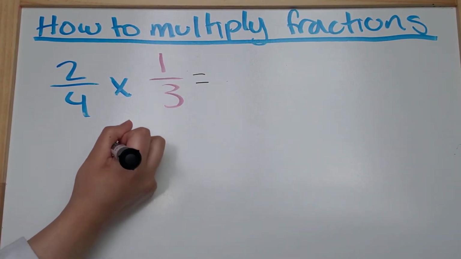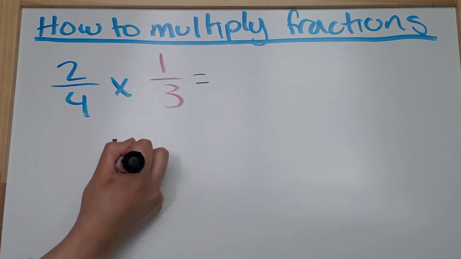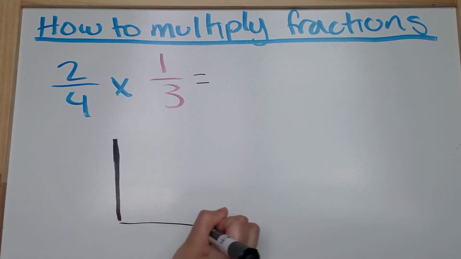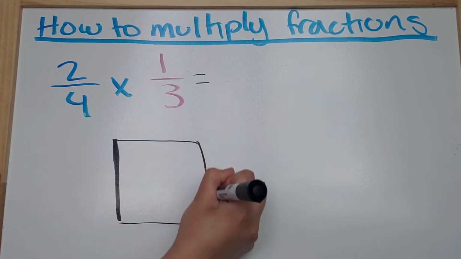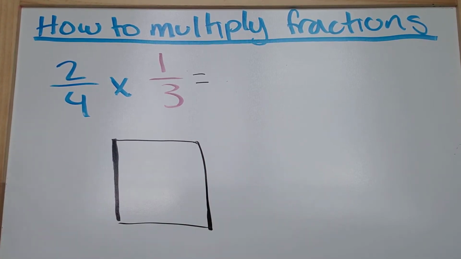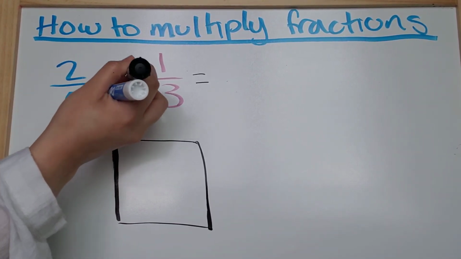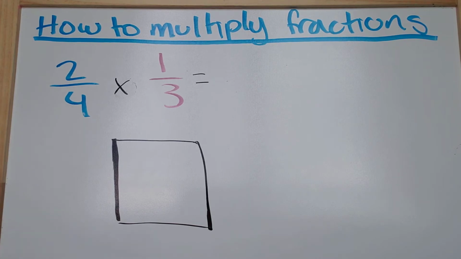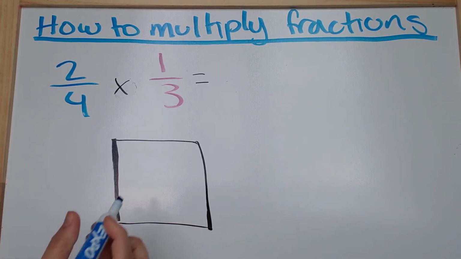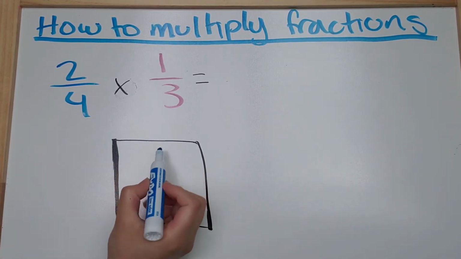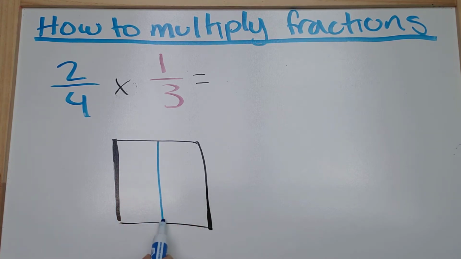So we are going to start with our area model, and I'm going to try my best to explain because it's a bit confusing. Okay, so we have an area model, and I'm going to change this to black so that everything stays consistent. We're going to change this to 2/4. So I'm going to have 4 parts, and it is very important that you go one direction.